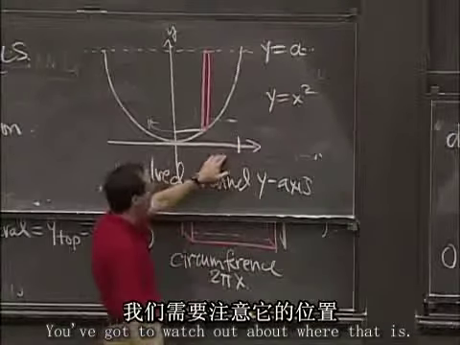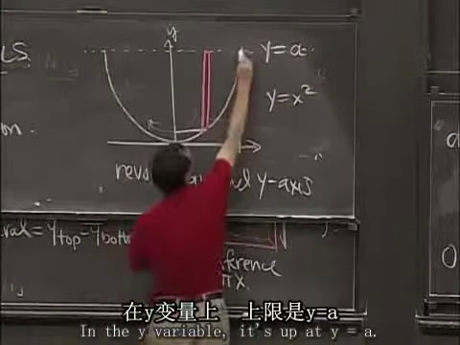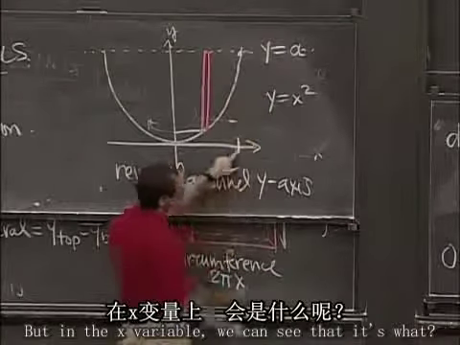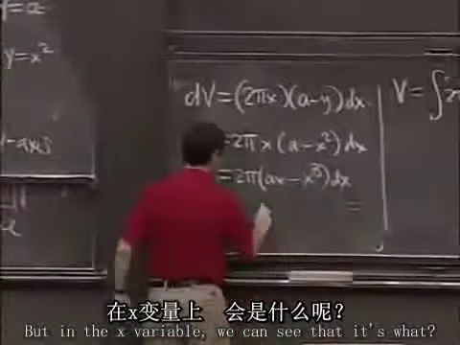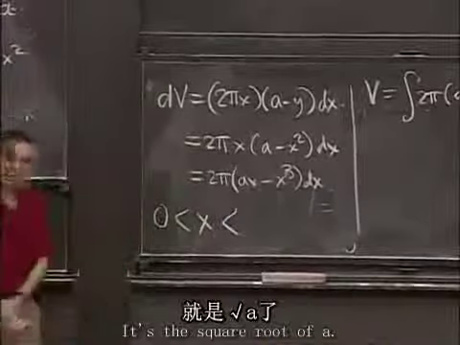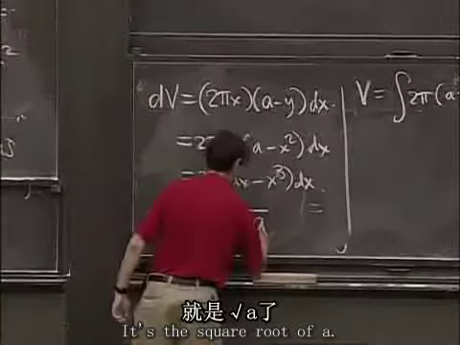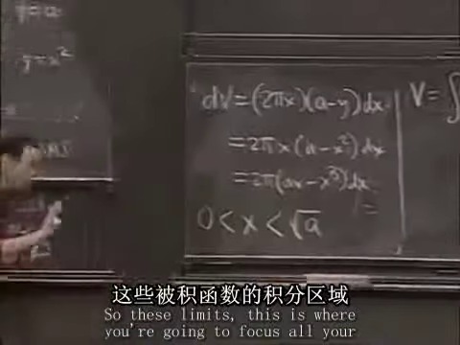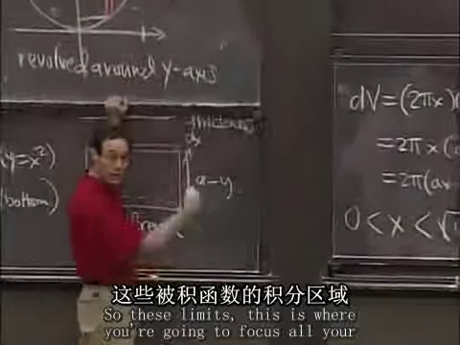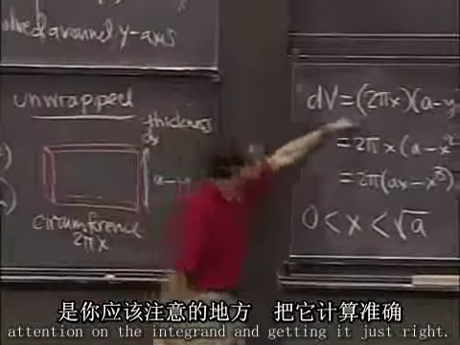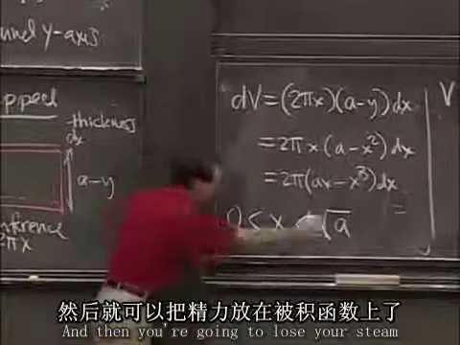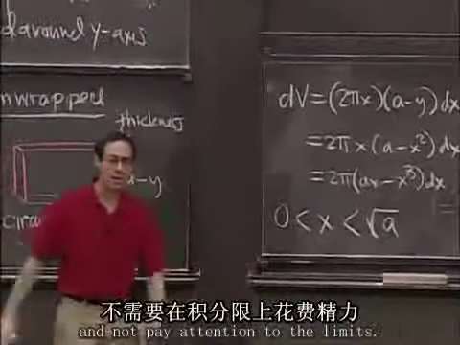Now you've got to watch out about where that is. In the y variable, it's up at y equals a, but in the x variable, we can see that it's the square root of a. All right, so these limits, this is where you're going to focus all your attention on the integrand and getting it just right, and then you're going to lose your steam and not pay attention to the limits.